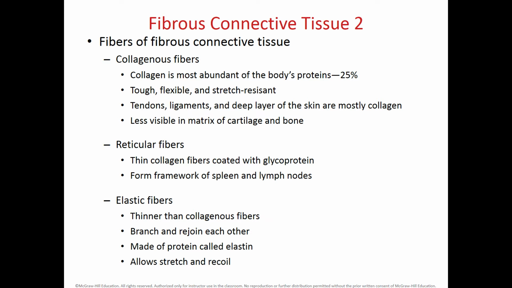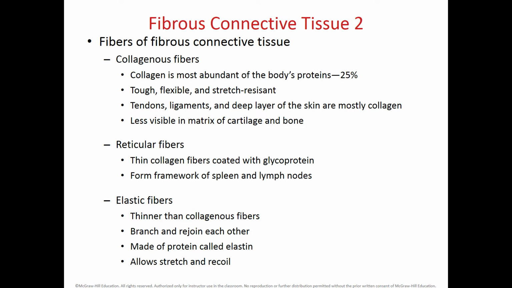And then the collagen fibers are very abundant in structures like the tendons that connect the muscles to the bones, also within ligaments, and in the deep layer of the skin, which is the dermis. And also these collagen fibers are less visible in the matrix of cartilage and bone.